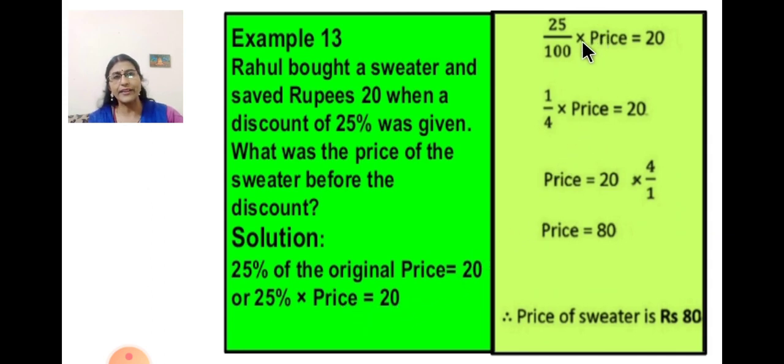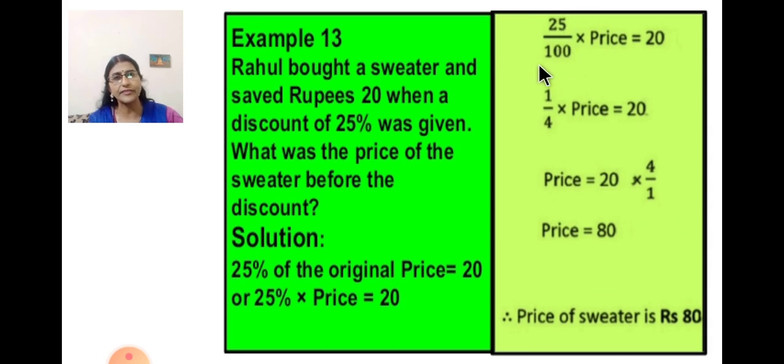And then next step, 25%, you know 25% means 25 upon 100, so 25 upon 100 into price, the cost price, is equal to 20. And the next step, we will reduce 25 and 100, both the numbers are divisible by 5.